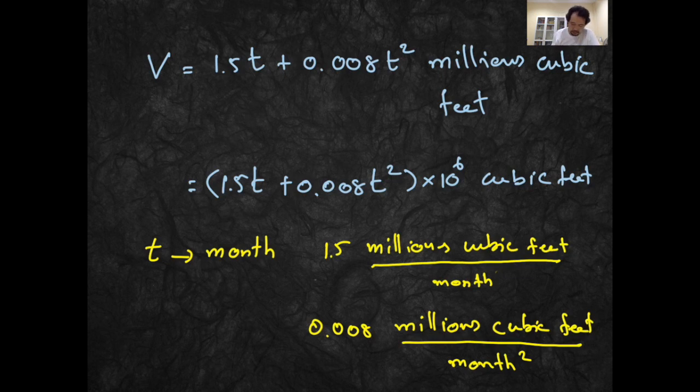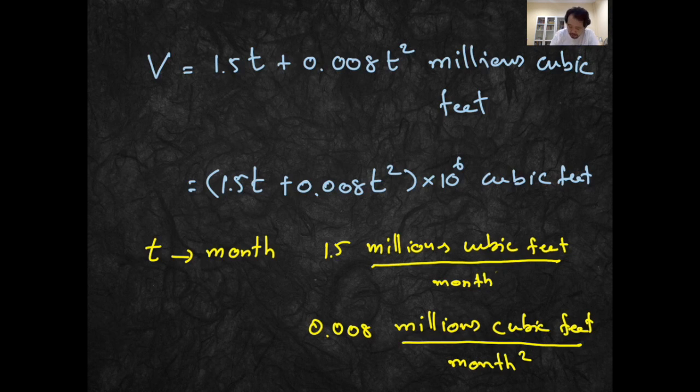Now, if we change the unit of t to second, it means that we have to change the value and the unit of these two numbers, 1.5 and 0.008, also to get the appropriate unit of V as cubic feet.